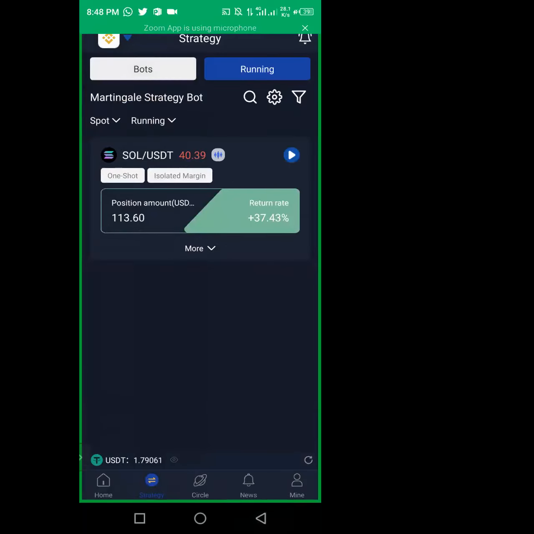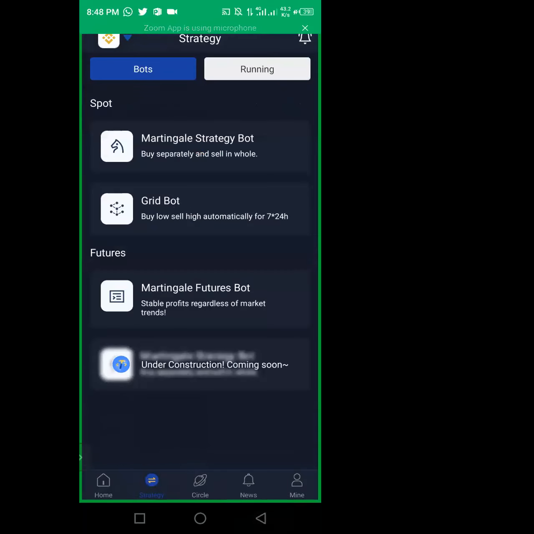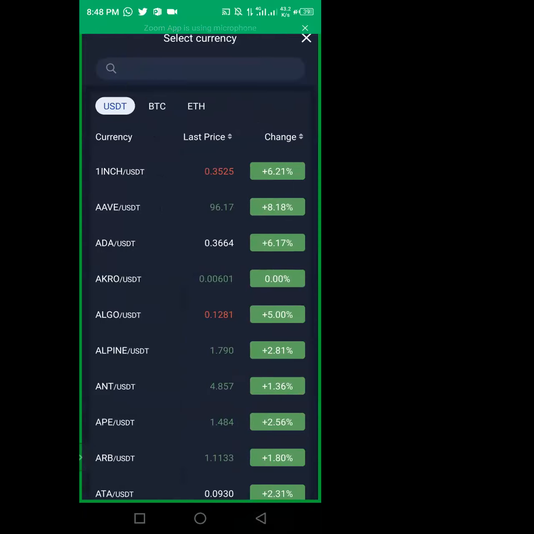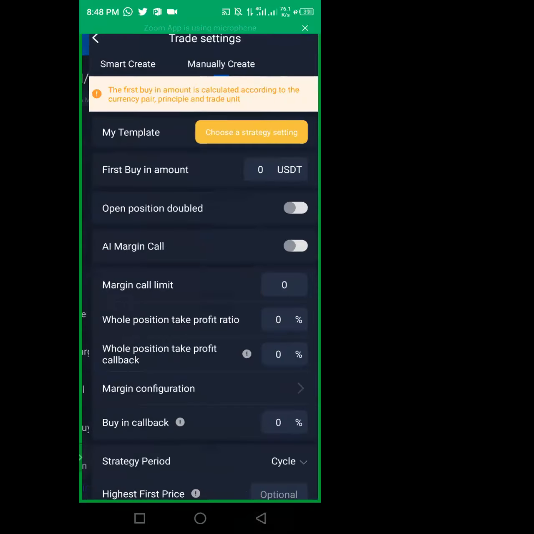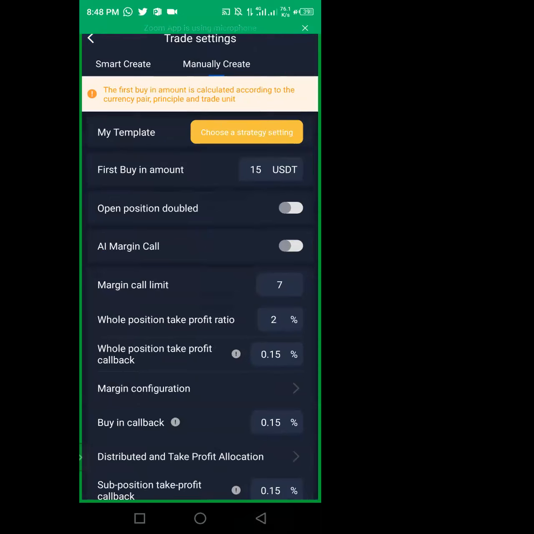So let me go back to where we had before, so you understand what the first buy-in amount is. It means the USDT the robot will start with. That is what will be in this first buy amount.